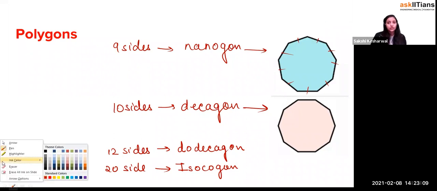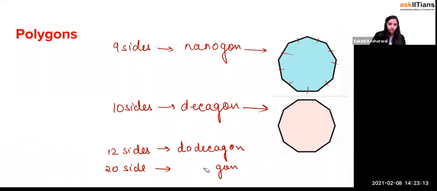It's ico, it's not iso, it's icosagon, right? And this is decagon, right? Okay. Now, I think this is clear.